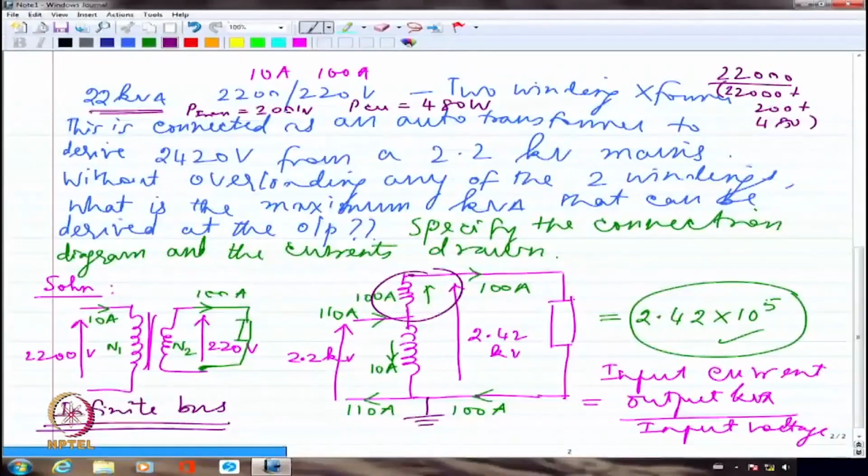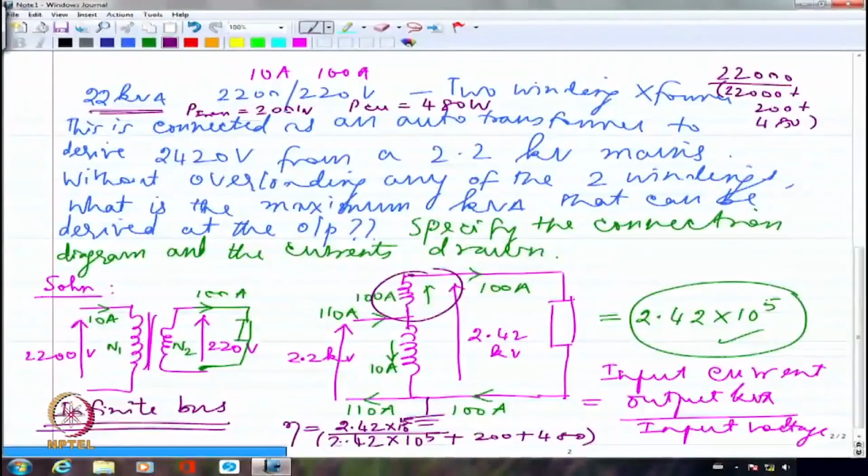Because of which, if I calculate the efficiency now, it will be 2.42 into 10 power 5 divided by 2.42 into 10 power 5 plus these two losses, that is 200 plus 480. Obviously the efficiency will be much better at unity power factor. So no wonder we say auto transformers have much less losses, much better efficiency.